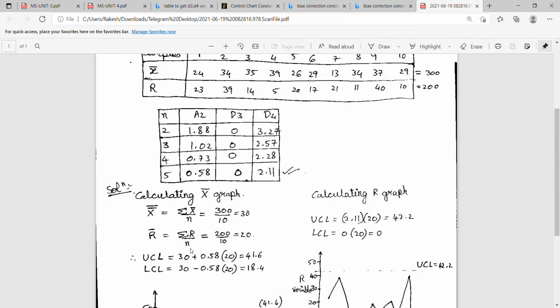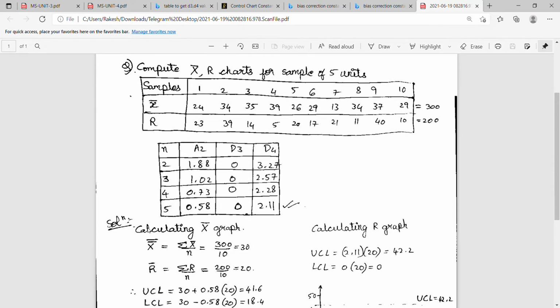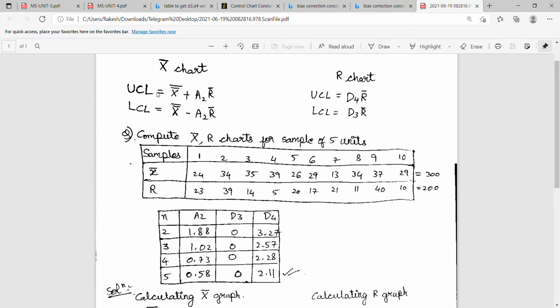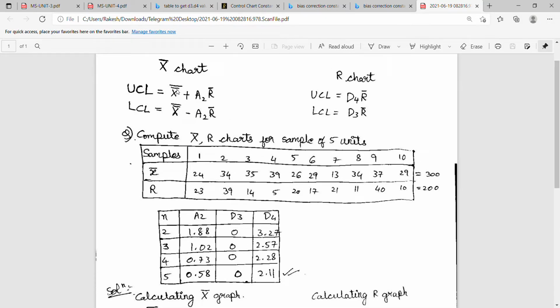For the construction of any chart, you have to compute the upper control limit and lower control limit and draw them in the chart. As I mentioned, these are the formulas. Now you have the values X double bar, R bar and A2.